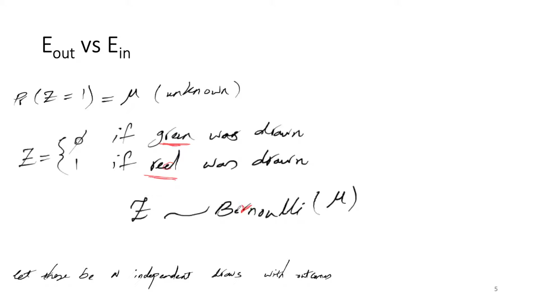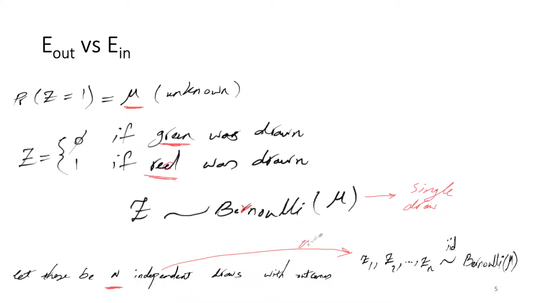So now, let there be n independent draws, right? This represents only one draw, but how about we make this n independent draws, with the outcome that we don't know, represented with mu. So that was for a single draw. This will be n independent draws, n times.